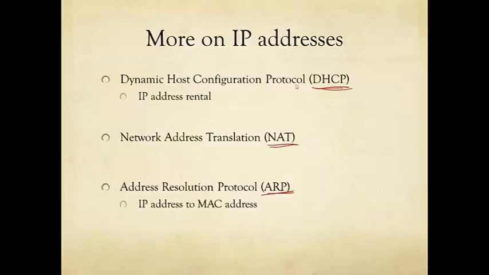One is the so-called Dynamic Host Configuration Protocol, DHCP. It's a mouthful, but what it does is basically a rental service of IP addresses. For example, at your home, depending on your country and service provider, often your laptop does not have a fixed static IP address.